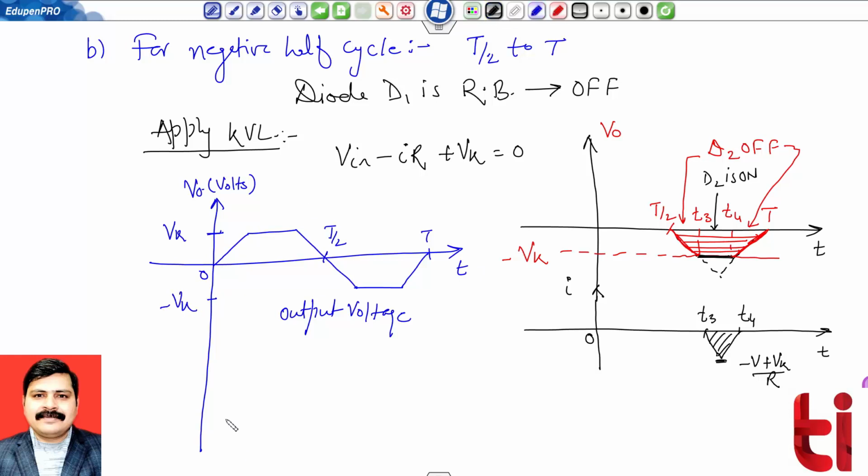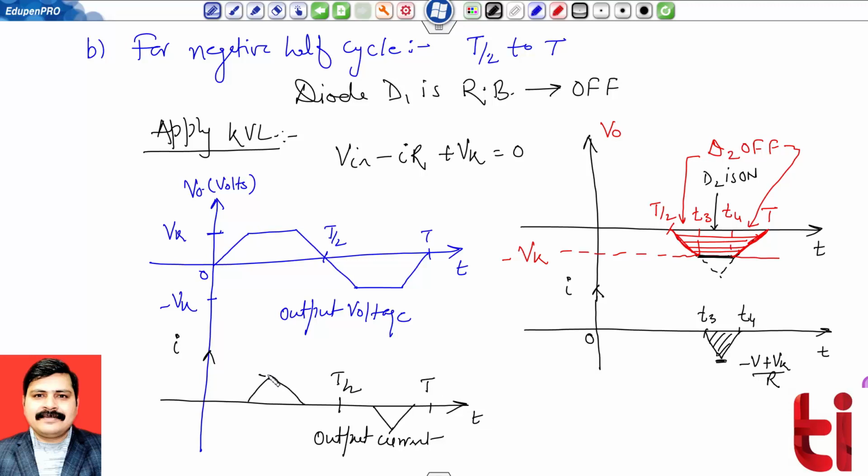And likewise, I will have the waveform of current like this. So this is my output current, or simply current I. This is T, and their peak values I have already written.